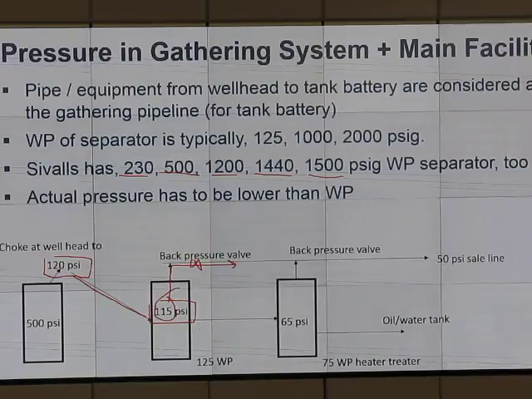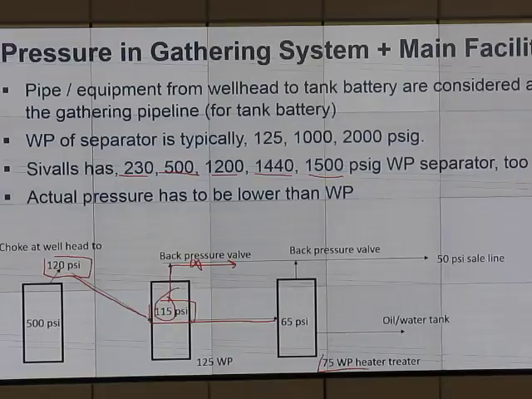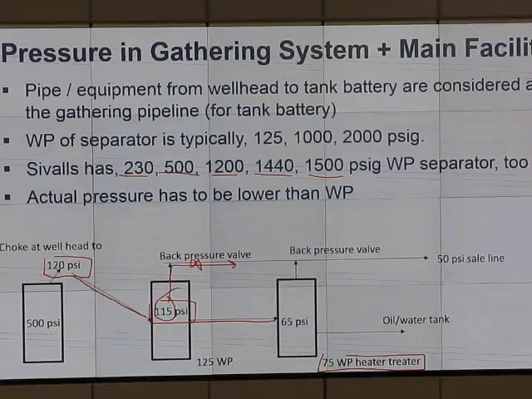And then you go to another separator. This is 75 working pressure for the heater treater, and you don't want to exceed 75. So in this tank is 115, right? When it is 115, pressure is high enough to push liquid from one tank to another tank.